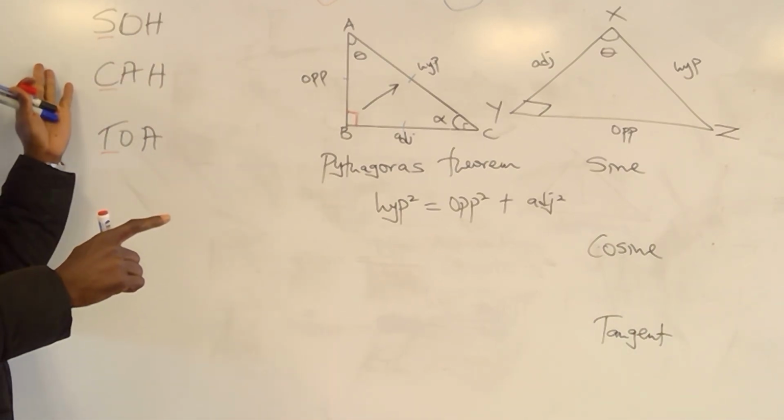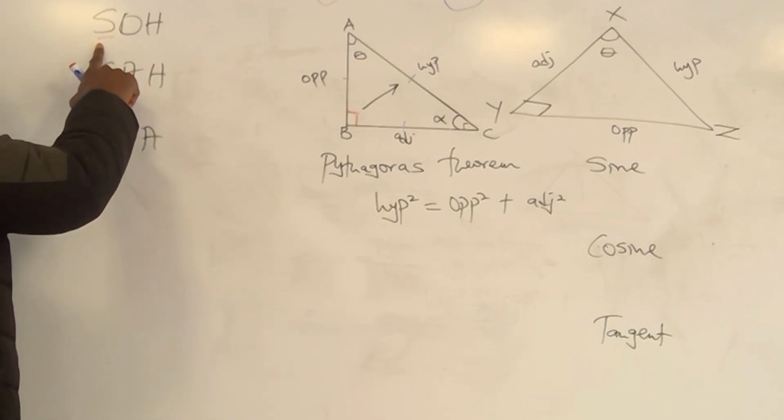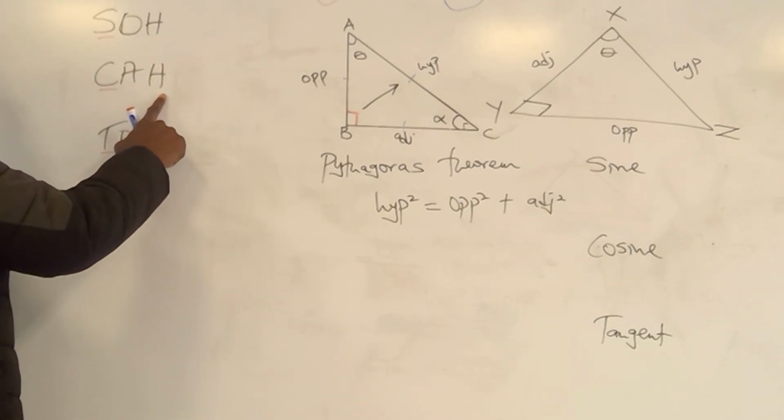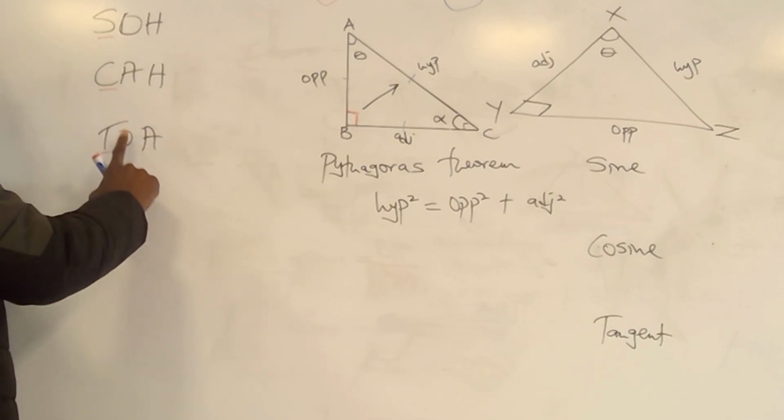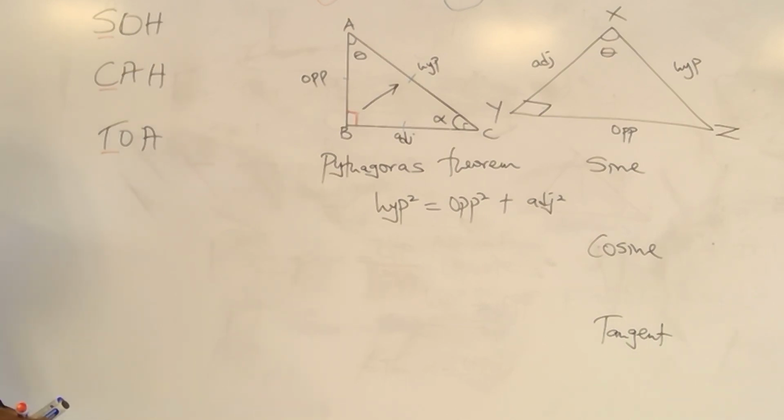It means that when we have the opposite and the hypotenuse given, we can use sine. When we have the adjacent and the hypotenuse given, we can use cos. When we have the opposite and the adjacent given, we can use tan.